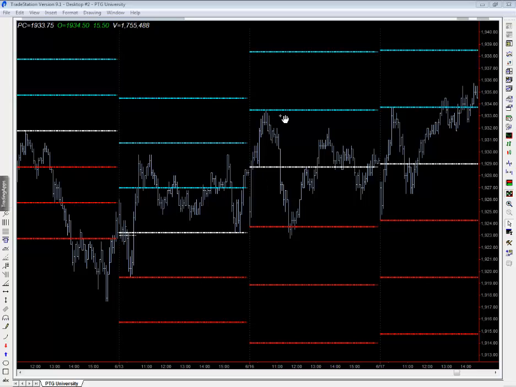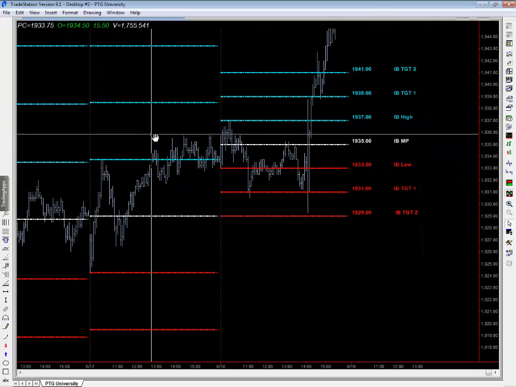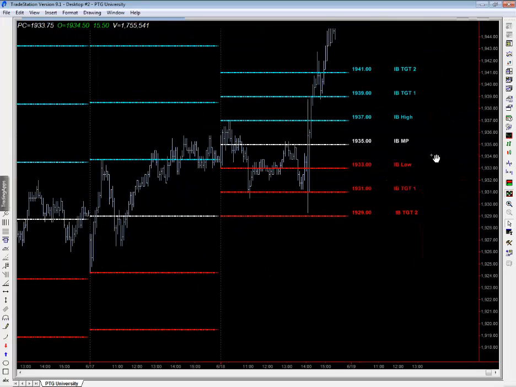These paint automatically at the end of each specific period. They are labeled on the right-hand side here, let me move this over, and you'll see some labeling to them. You'll see the initial balance midpoint, initial balance high, initial balance low, and then there will be two targets, target 1 and target 2, to the upside as well as to the downside.